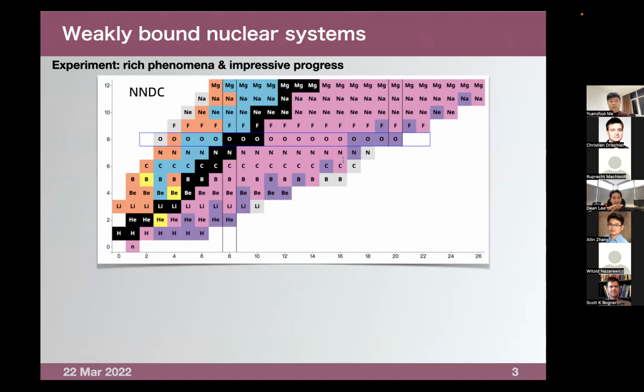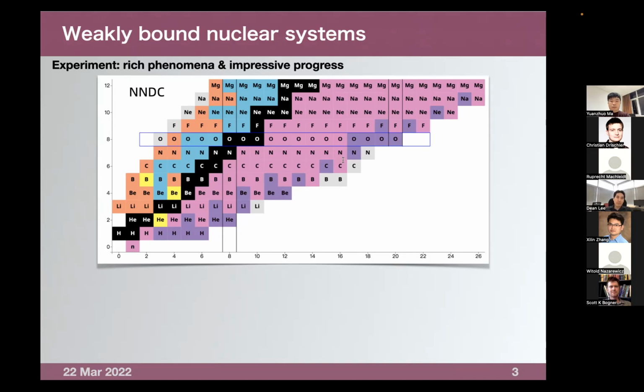In that region, particular phenomena like halos and narrow resonances will appear. All of this attracts quite a lot of interest, not only from the big experimental facilities, but also from complex theoretical calculations.